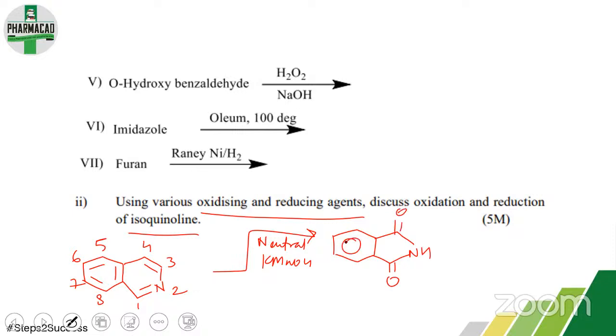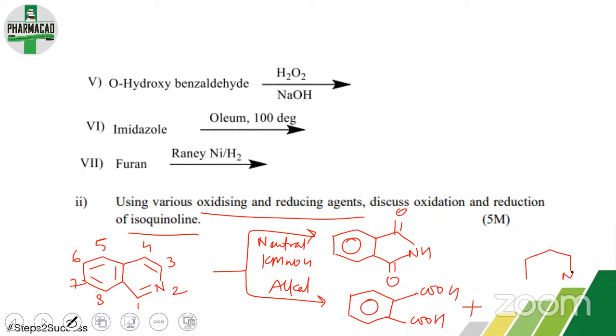But when we are using alkaline KMnO4, we will get phthalic acid from the benzene ring, and plus we will get this pyridine with 2 carboxylic acid groups, that is pyridine 4,5 dicarboxylic acid.